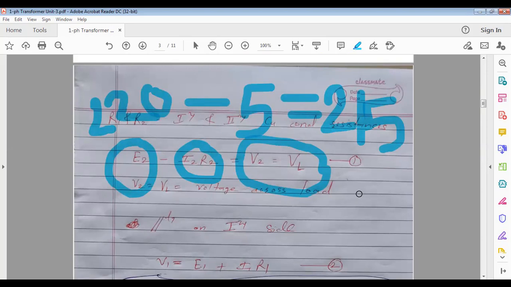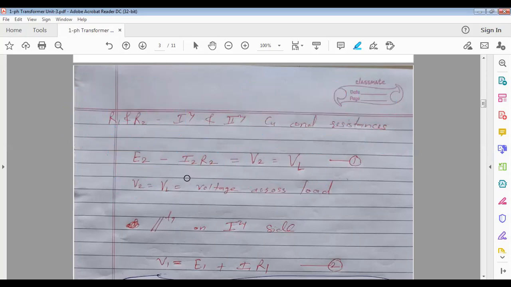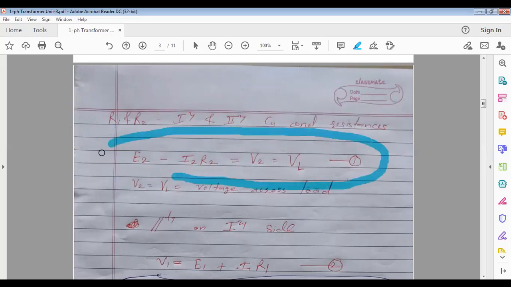That voltage is called V2 or VL. Okay, so not 100% gets applied across the load. Some percentage of drop will be there across copper winding resistance and the rest gets applied across the load. That's why this is called the voltage equation on secondary side. Voltage across load V2 or VL it is marked. This is about the secondary side.